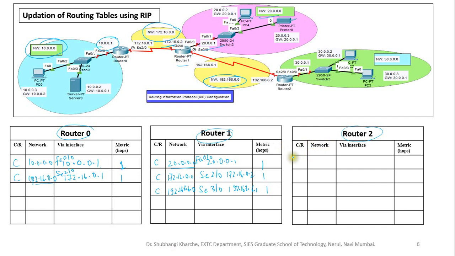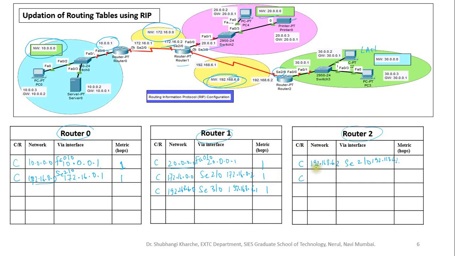Now let us try to find out the directly connected networks for router 2. Router 2 is directly connected with this WAN network and this LAN network. So we can say that router 2 can reach the network 192.168.6.0 via the serial 2/0 interface, which has the IP address 192.168.6.2.